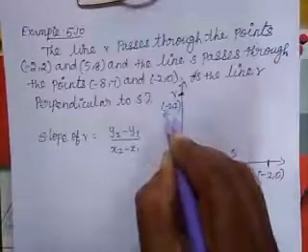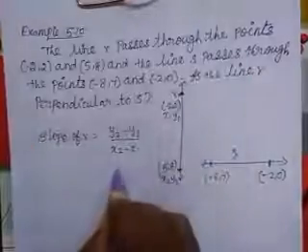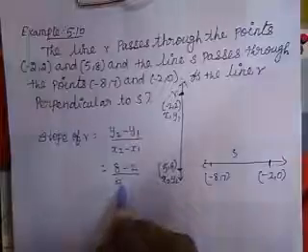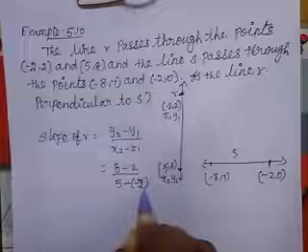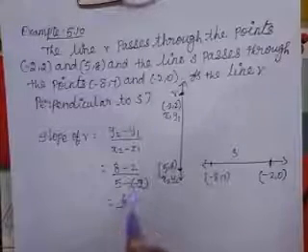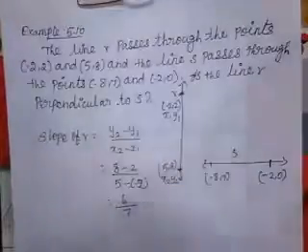Here I take this as x1, y1, x2, y2. So y2 is 8, y1 is 2, x2 is 5, x1 is minus 2. So 8 minus 2 is 6, 5 minus of minus 2 is 7. The slope of R is 6 by 7.